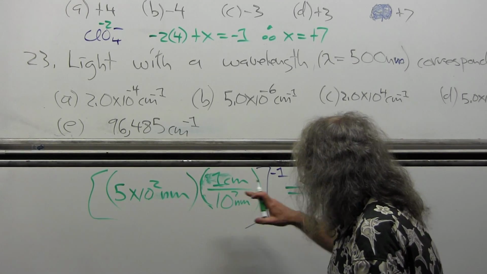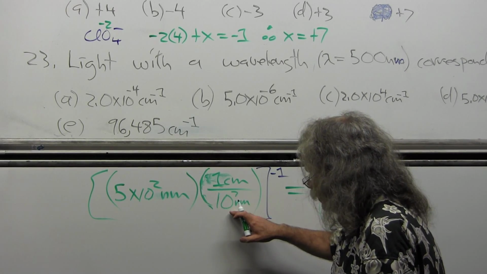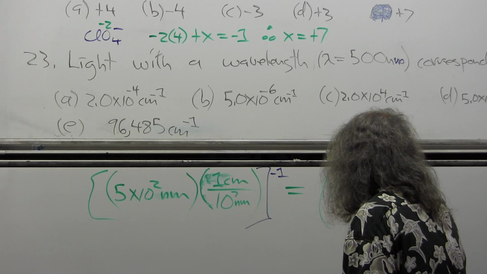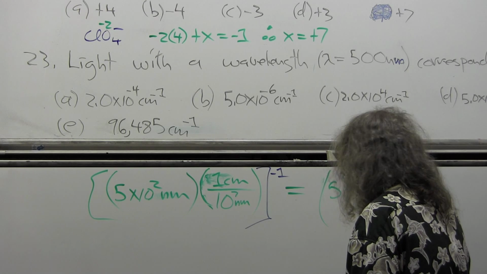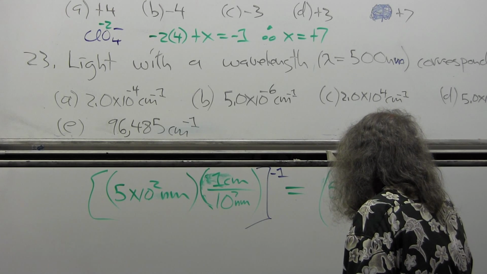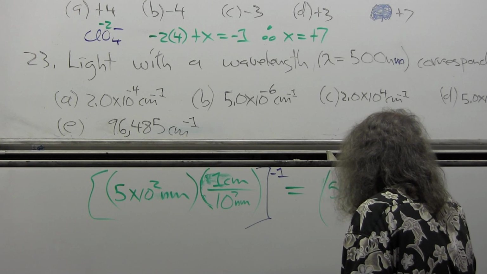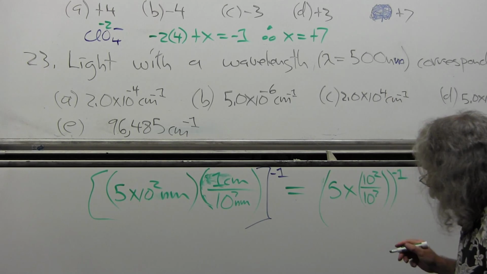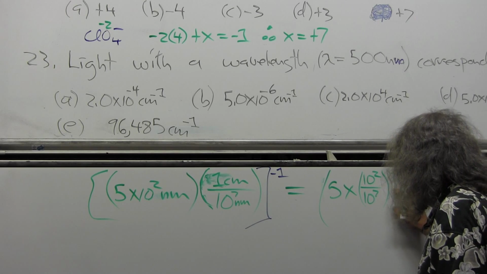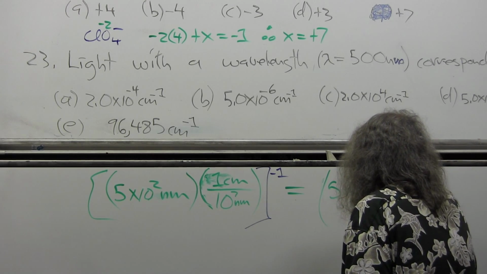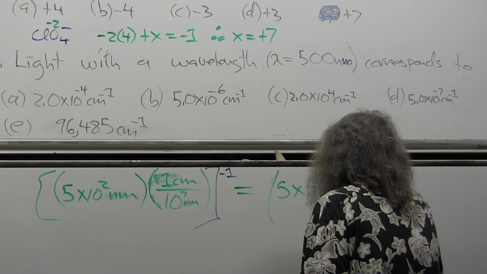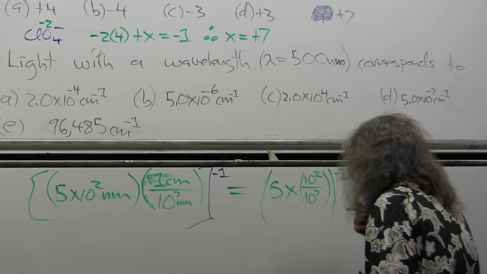I have 10 to the squared over 10 to the 7th, so it's going to be 5 times 10 squared over 10 to the 7th. And this, I'm going to take the reciprocal of. I'll just do this, -1, and it's going to be reciprocal centimeters.